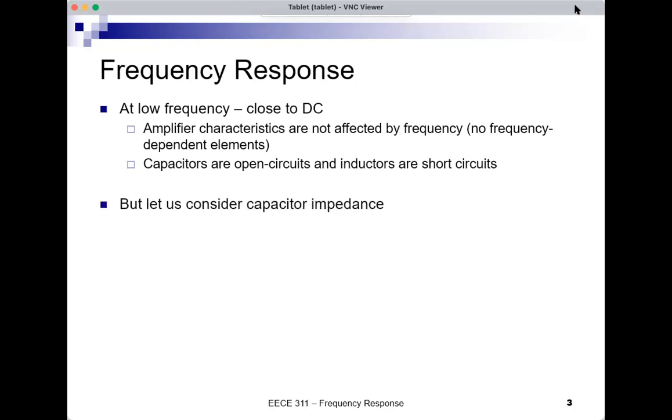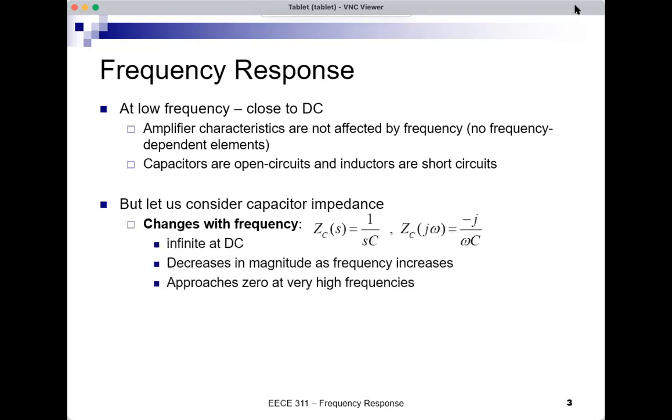But in fact, if we consider capacitor impedance, and we will focus on capacitors in particular, the capacitor impedance is ZC of S in the S domain. It's 1 over SC. And in the J omega domain, it is minus J over omega C. So when omega is 0 or close to 0, this impedance is very, very large.